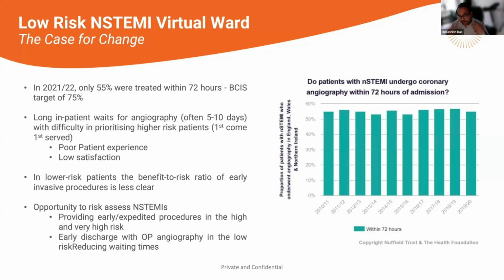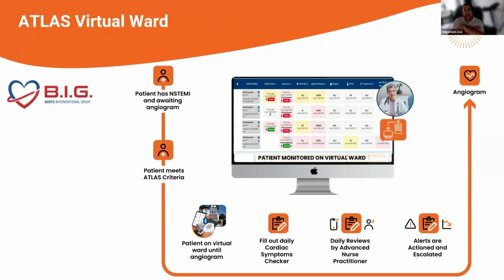And at Barts, given that we were certainly not meeting that, and that often led to low patient satisfaction and poor patient experience, what we tried to do was take our low-risk patients based on certain criteria, low GRACE score, troponin, LV function, and take them out into a 2-week virtual ward where we would remotely monitor them, but they would get a date for their angiogram.